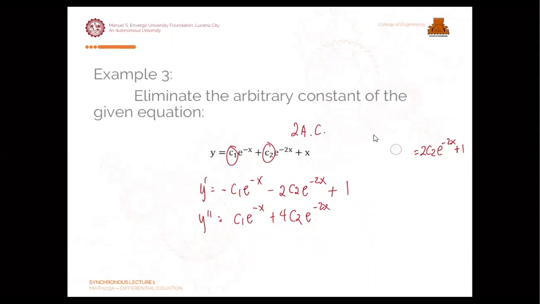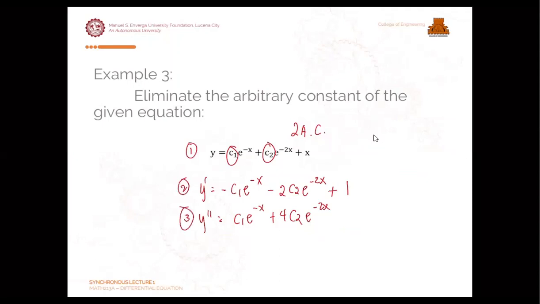Kailangan nga palang ma-eliminate lahat ng constant. Sorry. Okay, so yung sa final answer natin, may constant pa din na c1 and c2. So kapag-derive na tayo ng twice, ang pwede natin gawin is substitution or elimination. Okay, so consider natin original given equation is yung first equation natin, second equation, tsaka third equation natin.